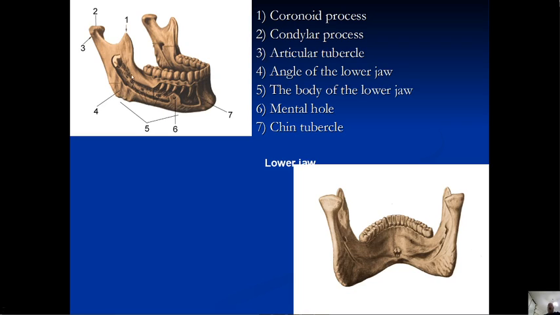This angle is very important because the technique of local anesthesia on this nerve depends on it, since the location of this mandibular foramen highly depends on this angle. Then the mental foramen and chin tubercle. Okay, next one.